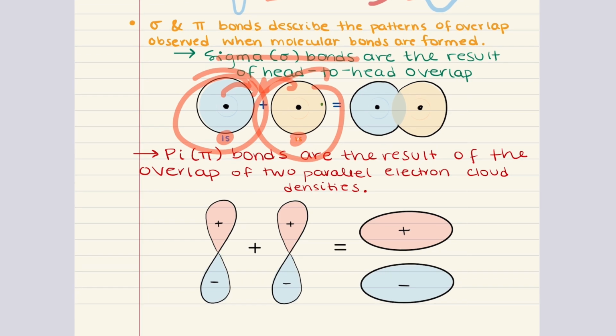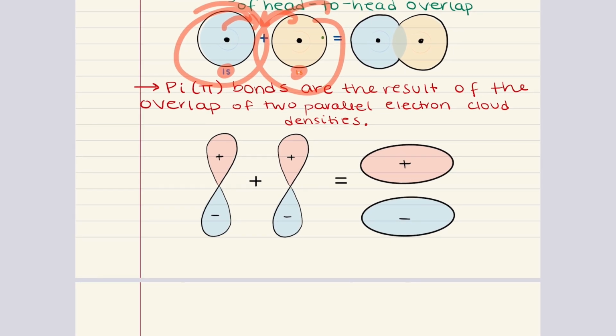Now, when orbitals overlap in such a way that there are 2 parallel electron cloud densities, a pi bond is formed. Pi bonds do not allow for free rotation because the electron densities of the orbitals are parallel and they can't be twisted to allow continuous overlapping. Double bonds consist of 1 sigma bond and 1 pi bond. So you can see that pi bond right here because we have these 2 p orbitals coming together to overlap.